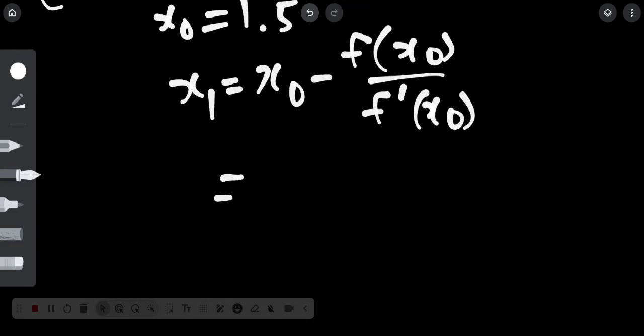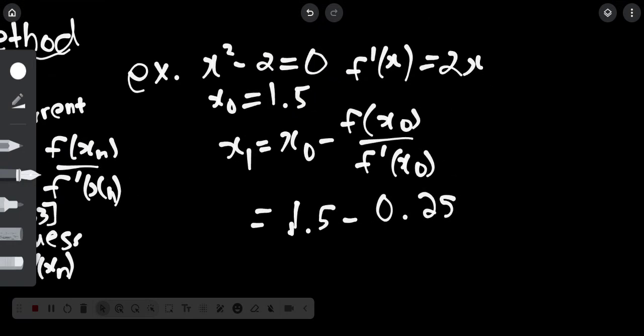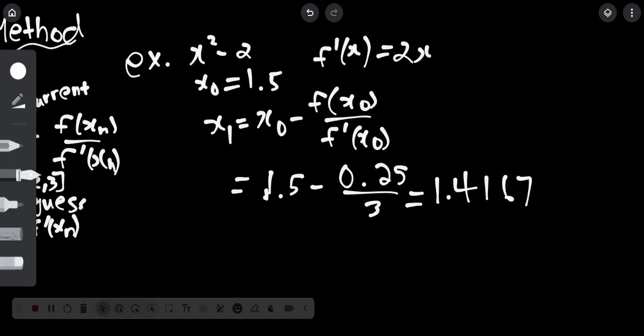So then if you plug in these values, you would get 1.5 minus 0.25, because f of 1.5 is equal to 0.25. And sorry about that, there's no equals 0 here. It's just the function, and we try to find when it equals 0. And it's over 3, and this is equal to 1.4167. This is close to the answer, but you can use this again one more time.